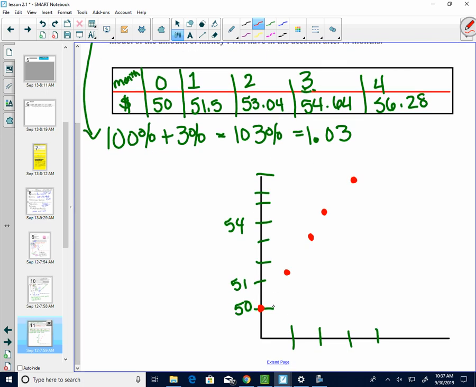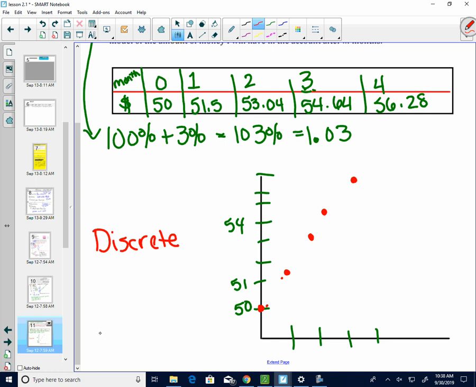So that means that it can't be anything in between these 2 points. It can't be a half of a month or a third of a month, or she doesn't get the interest. It has to be the whole month or nothing at all. So this data is discrete. We would not connect the dots in the graph.